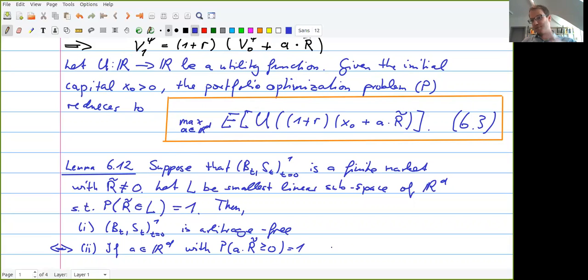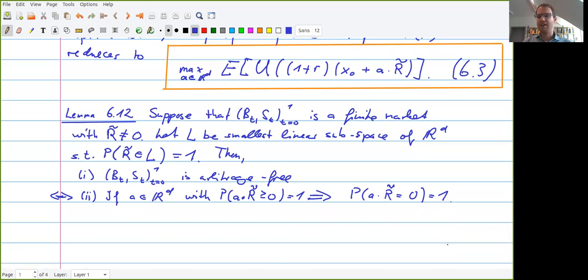So if I can find a position in the market which leads always to non-negative returns, then to exclude an arbitrage, our returns have to be zero almost surely. Okay? Because otherwise, we can make an arbitrage taking such an A.